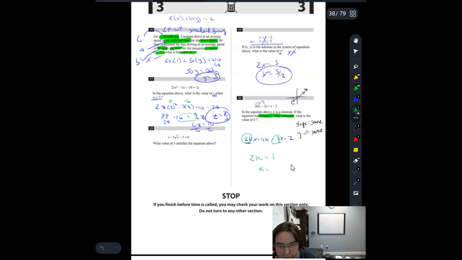So k equals 1/2, and so that works. The other way you could do this is you could also take the constant terms and set them equal to each other. So you could say that negative 4k equals negative 2, right? Then you would just divide by negative 4 here, and the same thing, you get k equals 1/2. So either way, it's perfectly fine.